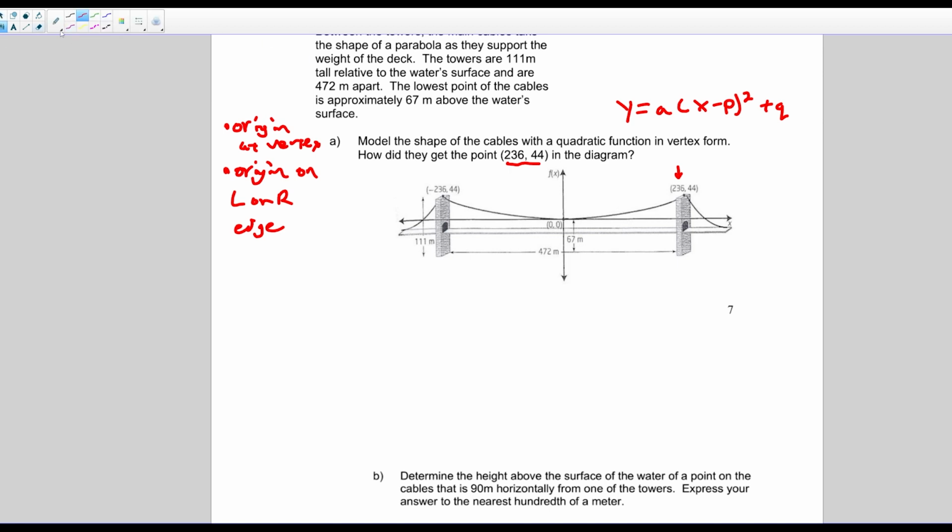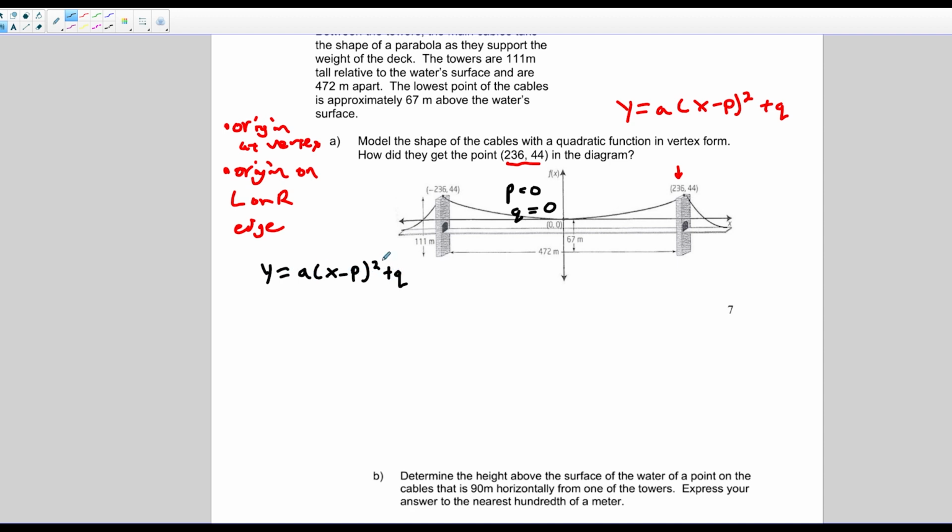Step number one is to start with vertex form: y is equal to a times (x minus p) squared plus q. The reason we start with our vertex is that we know p is equal to 0 and q is equal to 0, so we substitute those into our equation.